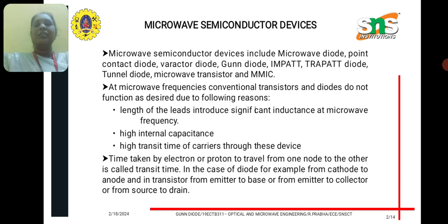Transit time is the time for an electron or hole to travel from one node to another. In a diode, for example, it is from cathode to anode; in a transistor, from emitter to base, or from emitter to collector, or from source to drain.